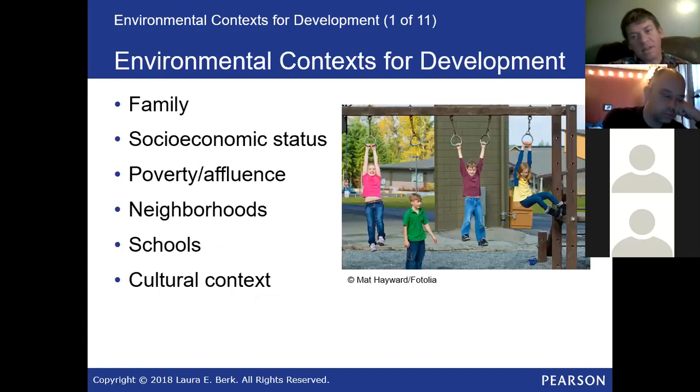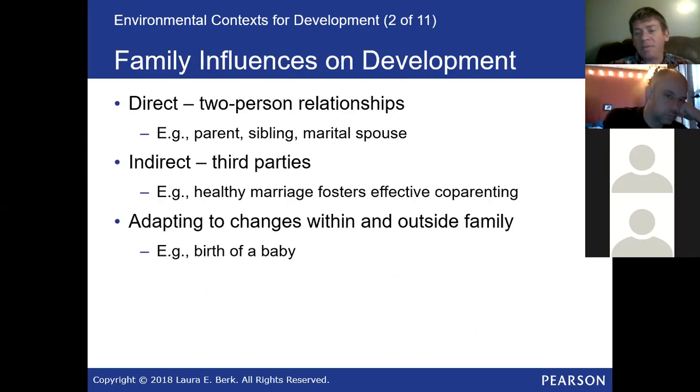So now the environmental contexts for development. There are going to be family influences, socioeconomic status influences, poverty or affluence, which is the opposite, enriched, neighborhood influences, school influences, and of course, culture affects everything. Some family influences on development could be direct, where you have your parent or a sibling or a spouse. Those are direct two-person relationships that have an influence on our development.